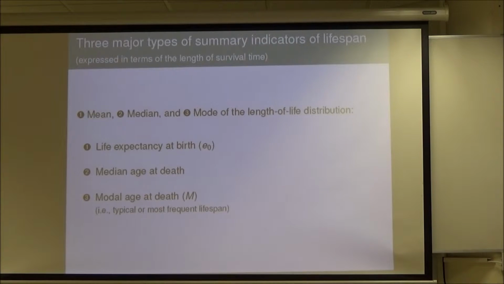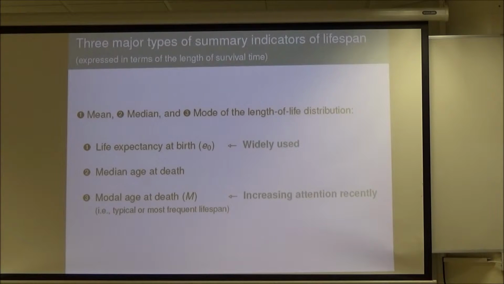In other words, the life expectancy at birth, or E0, the median age at death, and the model age at death, which I will refer to as M in this talk. So E0 has been widely used, we all know that, but increasing attention has recently been given to M.